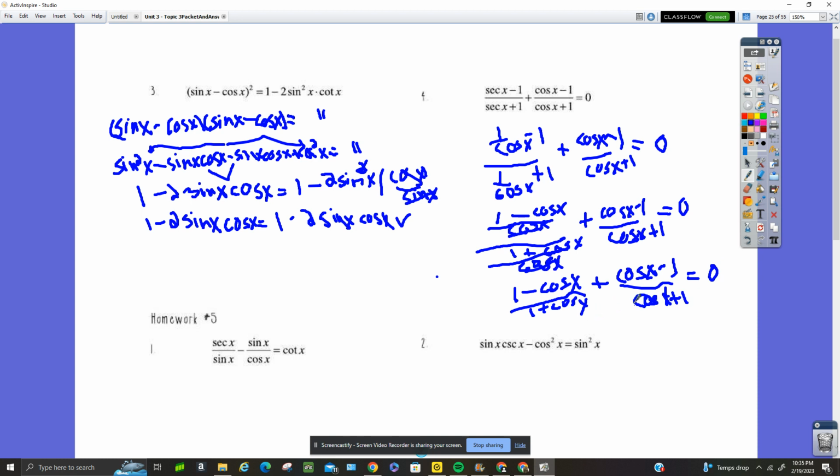So now I have the same denominator here. And 1 minus 1 is 0, negative cosine, so I have 0 over cosine x plus 1 equals 0, and 0 equals 0.